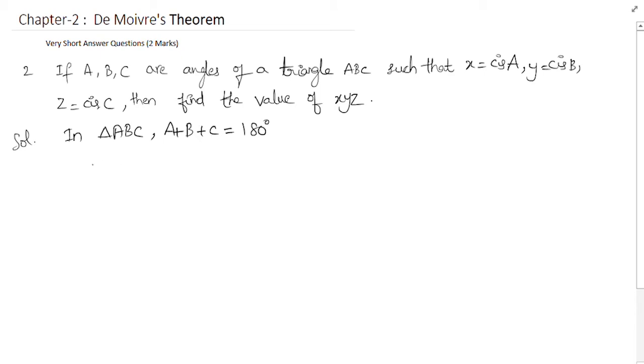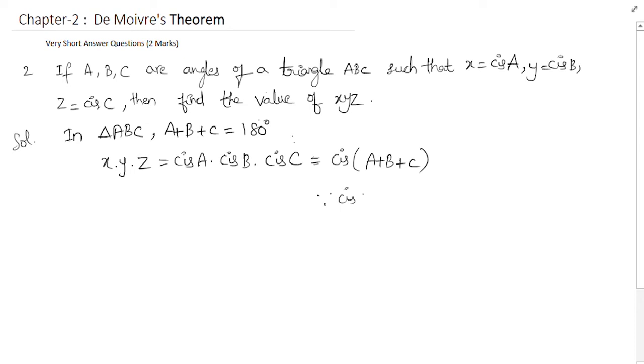So now we have to find the value of xyz, right? That means x into y into z, which is equal to cis A into cis B into cis C, which we can write as cis of A plus B plus C. Actually, this comes from the formula cis alpha, cis beta, cis gamma is equal to cis of alpha plus beta plus gamma.